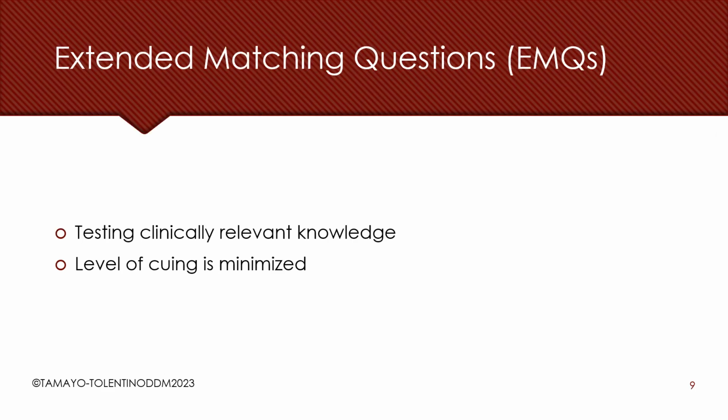Lastly are the extended matching questions. The EMQ is a useful way of testing clinically relevant knowledge and provides an alternative to the standard MCQ. It consists of a list of about 20 options relating to a theme or topic.